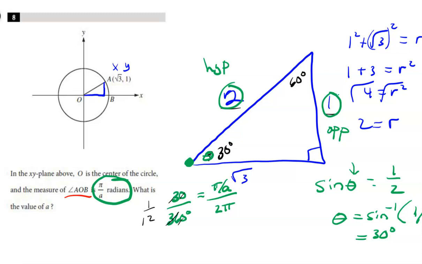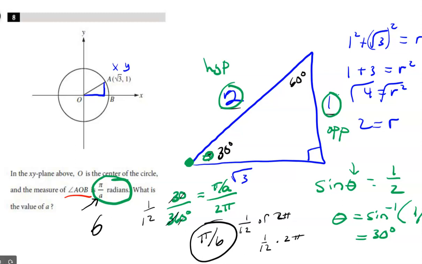So we need to figure out what is 1/12 of 2 pi. If we just multiply, 1/12 times 2 pi, it looks like it's pi over 6. So the correct answer here is pi over 6, which they just wanted the A part, so the correct answer is 6.